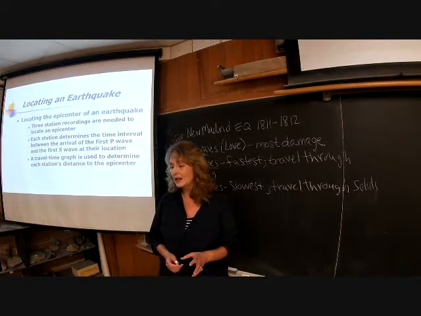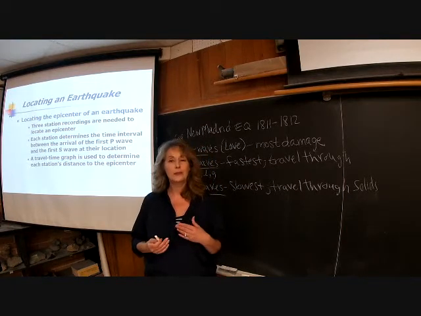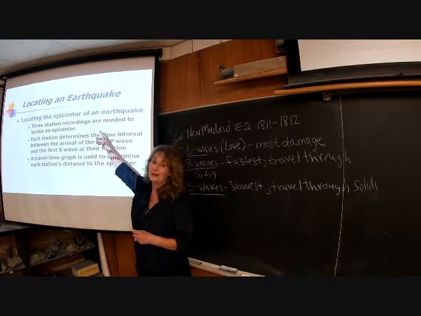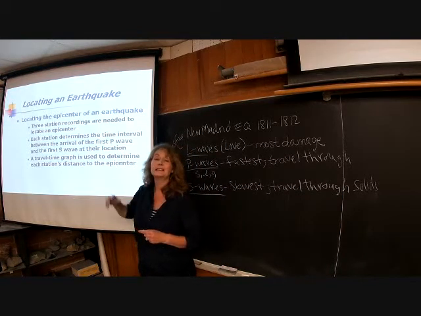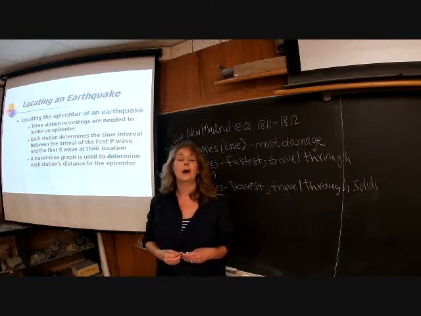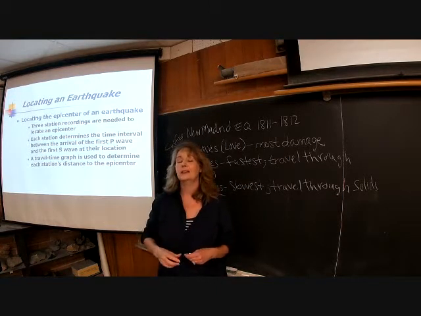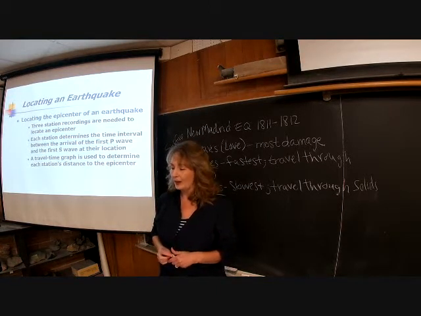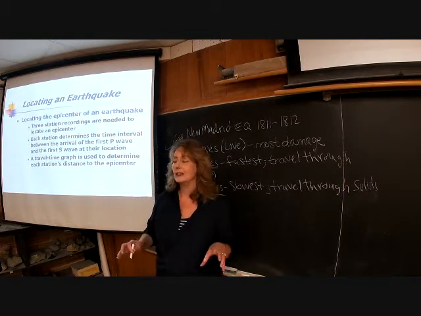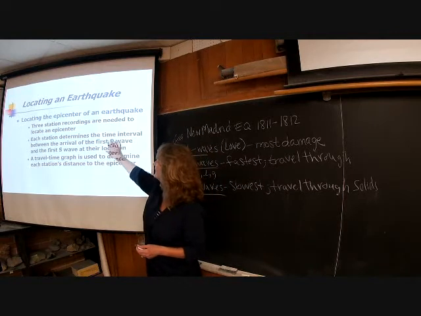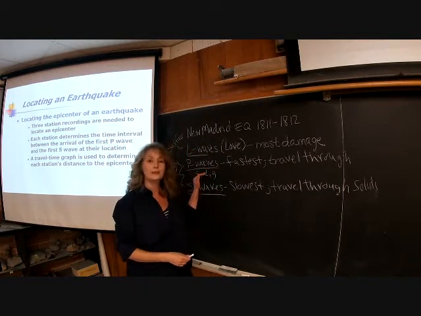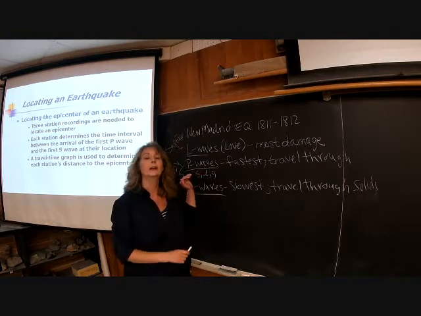Now, in order to get the epicenter of our earthquake, we look at the difference between the arrival time of the P waves and the arrival time of the S waves. We need a minimum of 3 seismographic stations to pinpoint the epicenter. At each of those 3 stations, we get the time interval between when the first P waves get there and, a little bit later, the S waves.